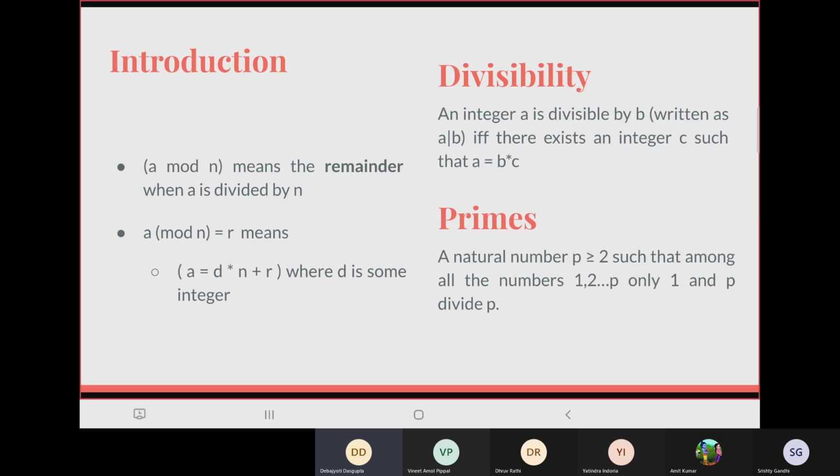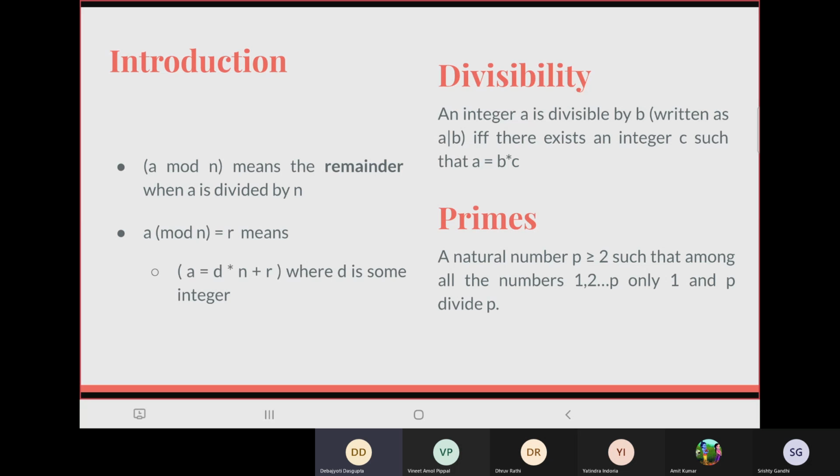And what are prime numbers? Prime numbers are those numbers which are divisible by only one and the number itself, right? No other divisor less than P is possible other than one. So when I say A mod n, we are basically referring to the remainder that we will get when A is divided by n. When I write A mod n equals R, we have an integer d where we can write A equals d into n plus R. This result is very important, right?